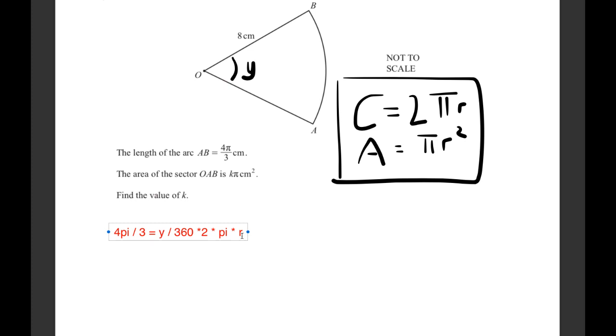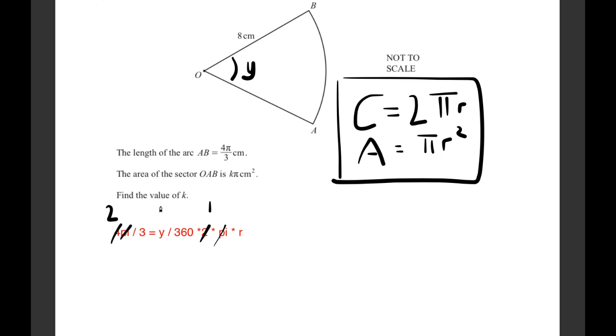Okay, and let's see if we can simplify this. So the pi's disappear, and we get a factor of 2 out as well. This 2 cancels with this 4 up here.